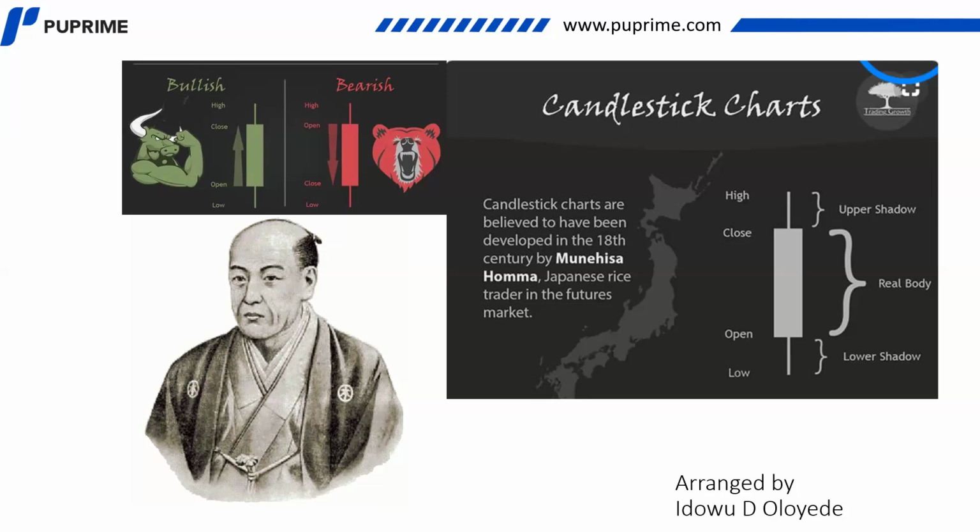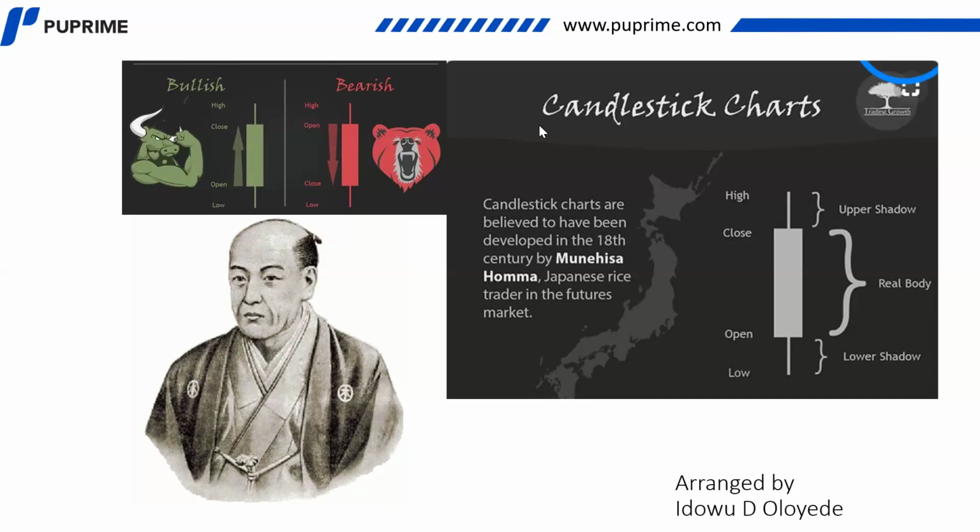He classified candlestick patterns into two: the bullish and the bearish. Now, what are bullish and bearish candlesticks?